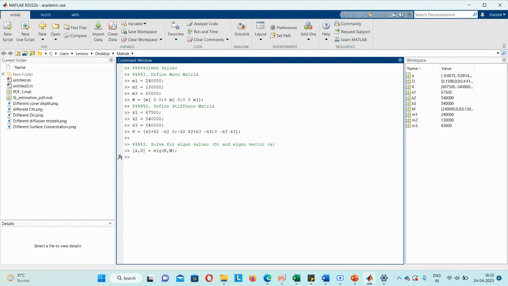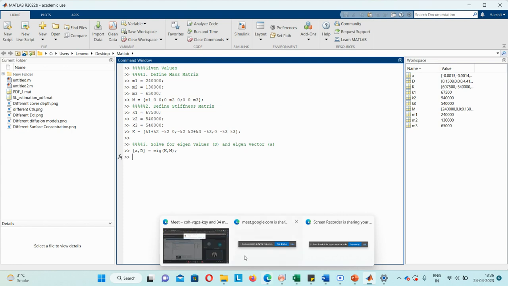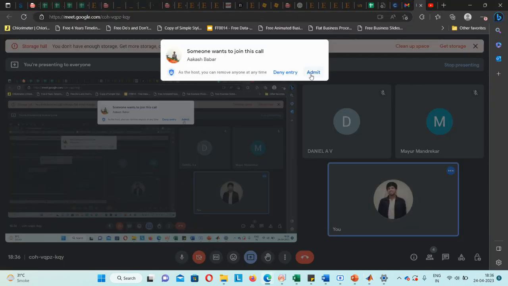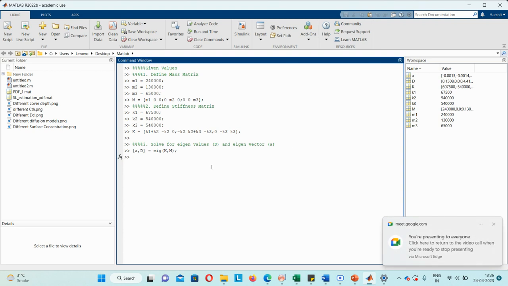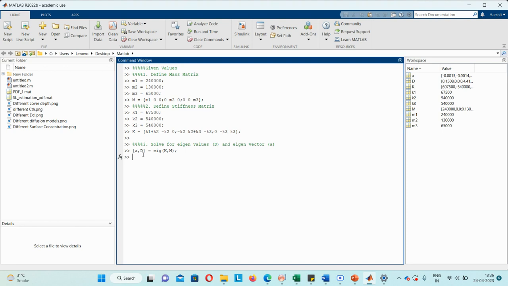A will be the eigenvectors. It will be a 3 cross 3 matrix representing the deformation of each floor for each mode of vibration. And D will be the eigenvalues. This will again be a 3 cross 3 diagonal matrix, so along that diagonal we will have the eigenvalues. The eigenvalue is nothing but omega square, so we will get the natural frequency.